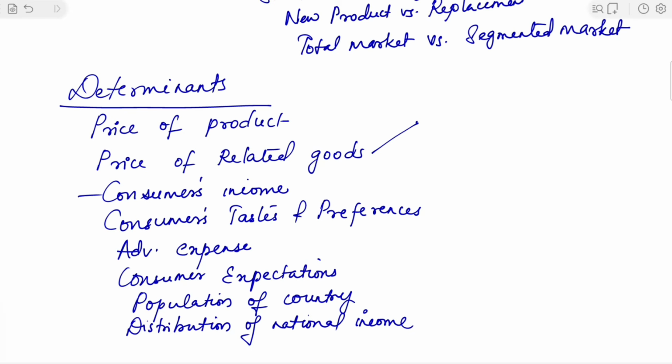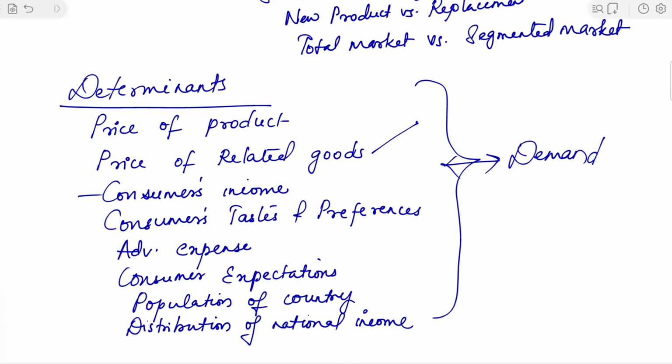So how do these determinants translate, or what is their relationship to the actual demand? What a demand function expresses is the relationship between the quantity demanded of a particular commodity and its determinants. All these determinants might not have the same effect on the quantity demanded of a particular commodity, right?